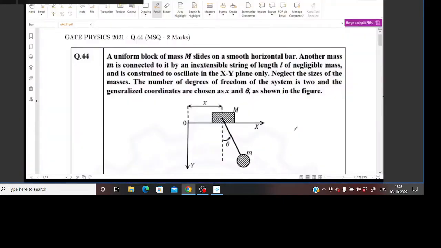In this video, I shall discuss the solution of question number 44 of GATE Physics 2021. This is a multiple select question.